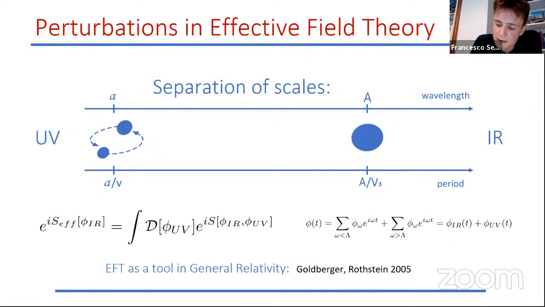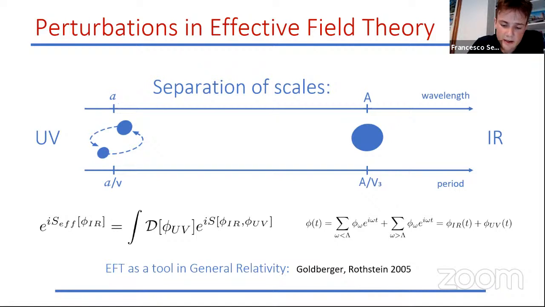And this has been done in the context of general relativity for the last 15 years, but focusing on the study of binary systems. So what we want to do is to follow these footsteps, but considering a slightly more complex system made of 3 bodies.